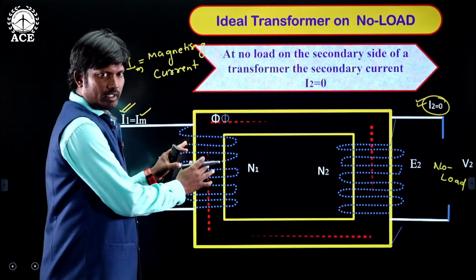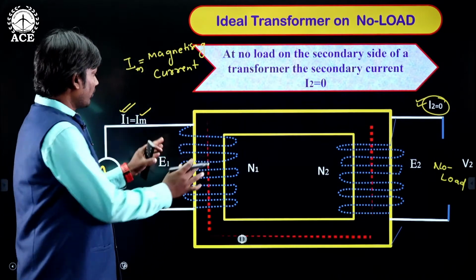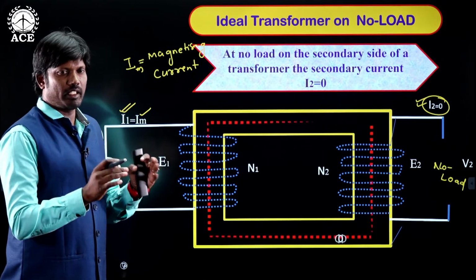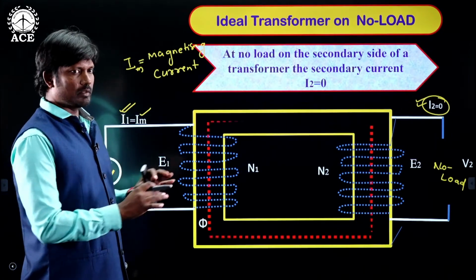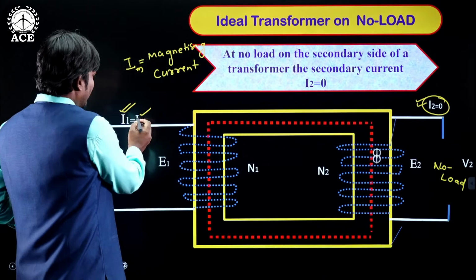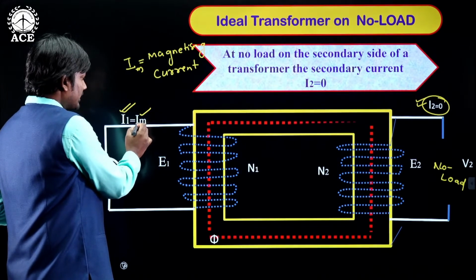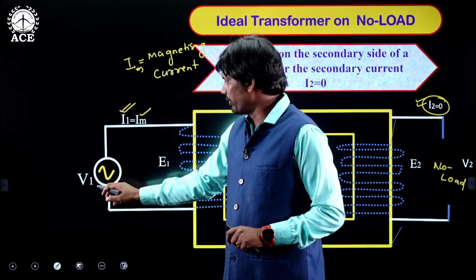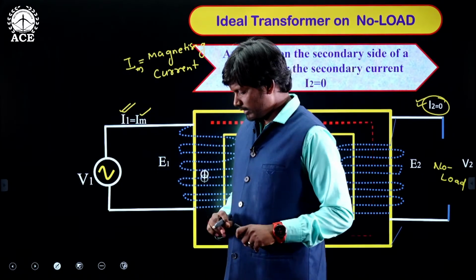As it is an ideal transformer, its windings have zero resistance, so it is purely inductive. So the magnetizing current lags the applied voltage V1 by 90 degrees.